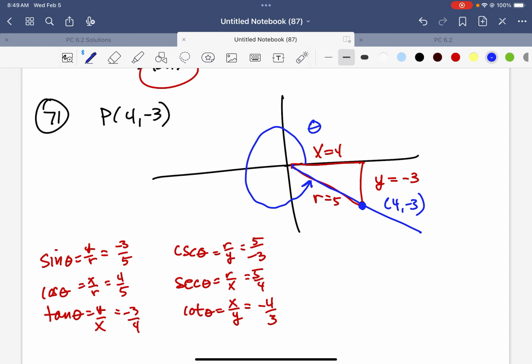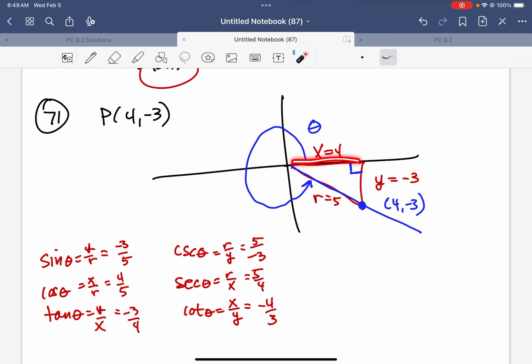After you stop and you have a terminal side in this fourth quadrant, once you get a point, what you do is you go to the x-axis and create your triangle. And then once I have a triangle, I can talk about sine, cosine, and all the other trigonometric functions in terms of this triangle. So it makes a nice right triangle.